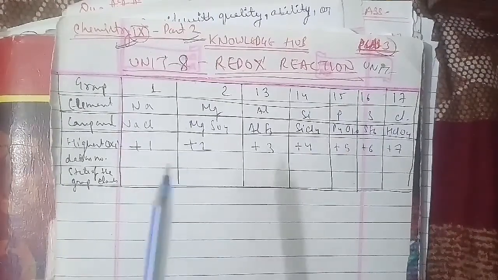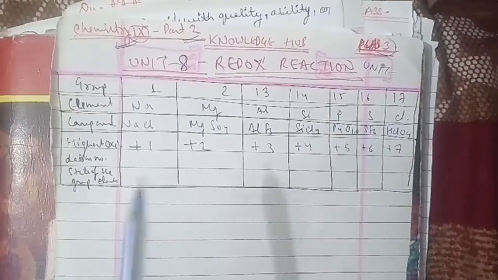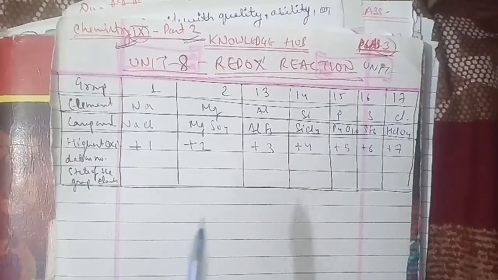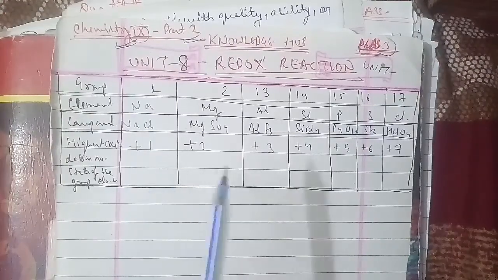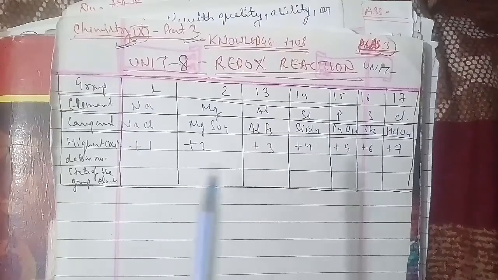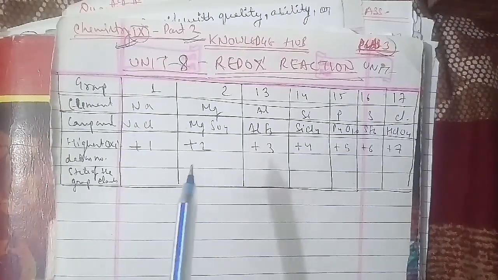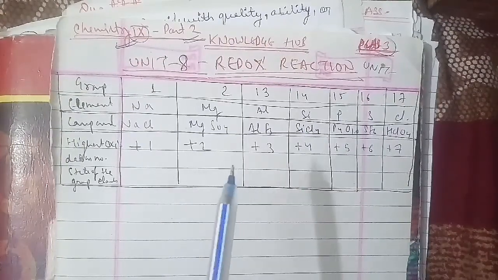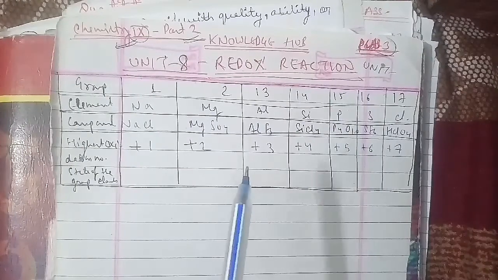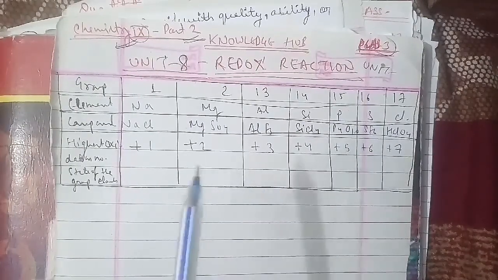An oxidizing agent is a reagent which can increase the oxidation number of an element in a given substance. These reagents are also called oxidants. A reducing agent is a reagent which lowers the oxidation number of an element in a given substance. These reagents are also called reductants. A redox reaction is a reaction which involves change in oxidation number of the interacting species.